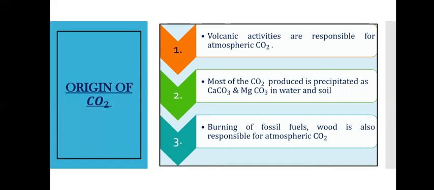So calcium oxide and magnesium oxide are the most common compounds. When they interact with carbon dioxide, it results in the formation of solid calcium carbonate and magnesium carbonate. And hence, because they are solid, they are precipitated. The third most important origin, as I already mentioned, is burning of fuels and wood, and that also is responsible for the release of carbon dioxide gas.